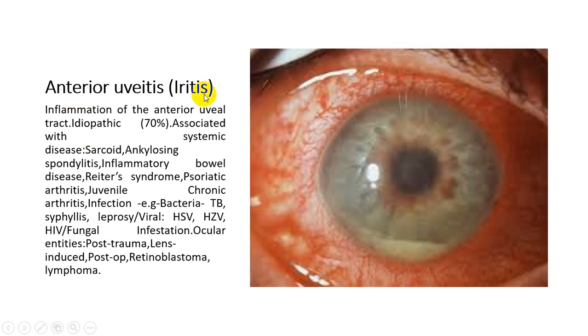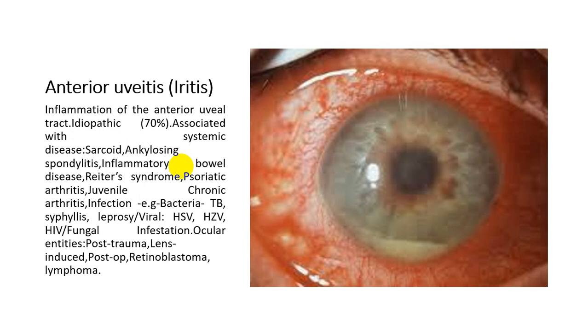Anterior uveitis, sometimes called iritis, is inflammation of the anterior uveal tract. 70% of cases are idiopathic, and it is associated with systemic diseases like sarcoid, ankylosing spondylitis, inflammatory bowel disease, Reiter syndrome, psoriatic arthritis, juvenile chronic arthritis, infections like bacteria, TB, syphilis, leprosy, and viral herpes simplex virus, herpes zoster virus, HIV, and fungal.